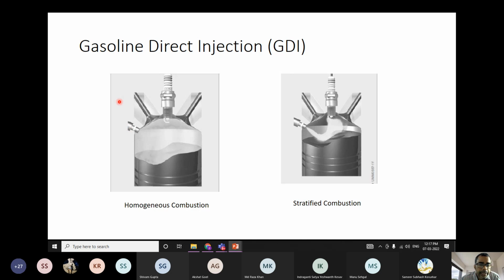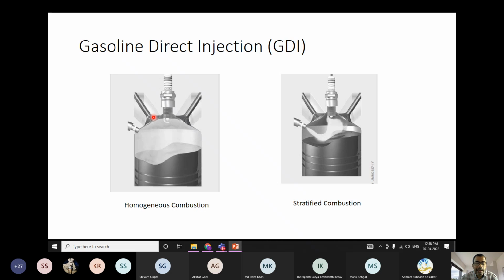Now, when we are injecting the fuel directly inside the combustion chamber, the valve wetting phenomenon is completely removed in GDI technology. Whatever fuel you are injecting, all of it comes into the combustion chamber. In the PFI, there was a possibility that some of the fuel could stick on the backside of the valve or in the manifold, and not all of the injected quantity came into the combustion chamber.